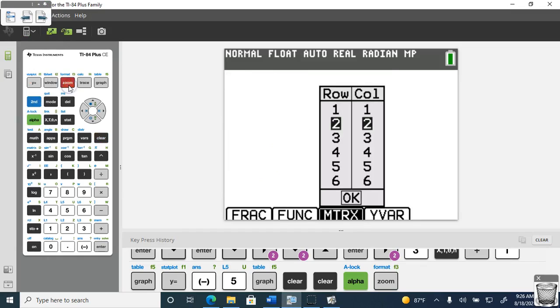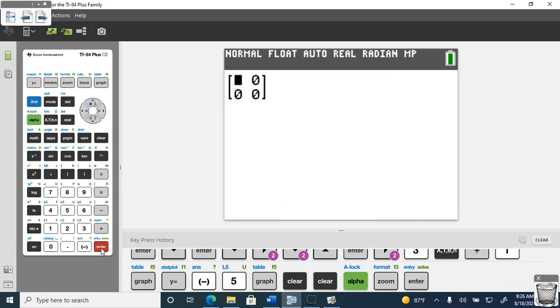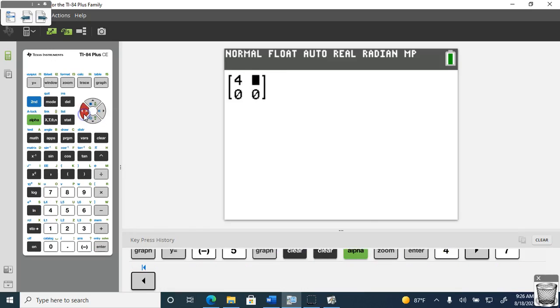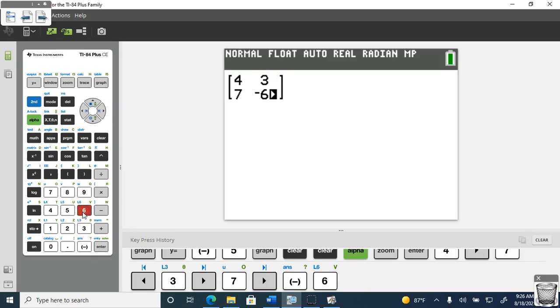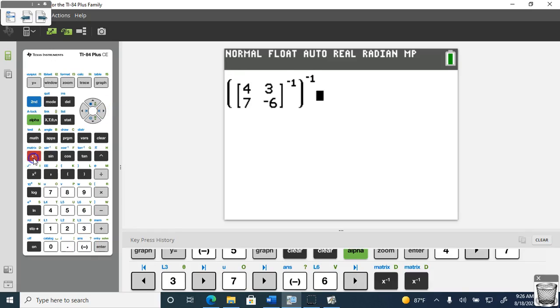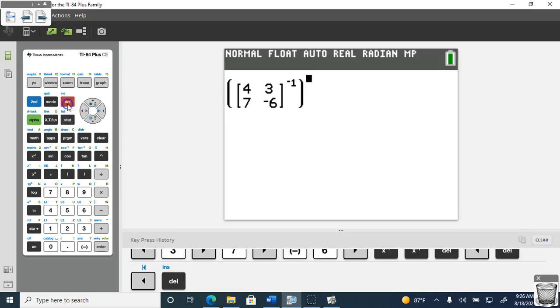Alpha zoom, and it's a 2 by 2, so we're good there. 4, 3, 7, negative 6. And then I do inverse, which is that x to the negative 1 button, and I hit it twice by mistake. That was my bad. All right, and then alpha zoom.